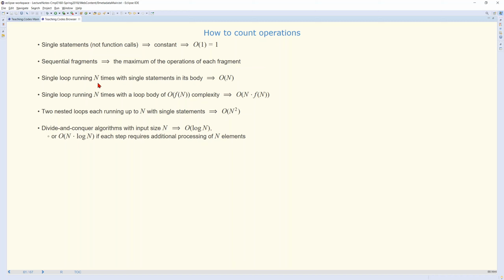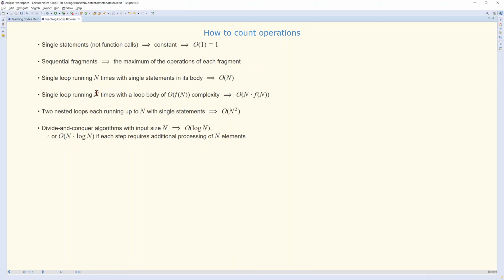If we have one loop iterating n times, I don't care how large the loop body is, but the important thing is the loop body has some constant complexity. Therefore, the loop body itself is O(1), and the loop is iterating n times, then it has O(n) complexity.